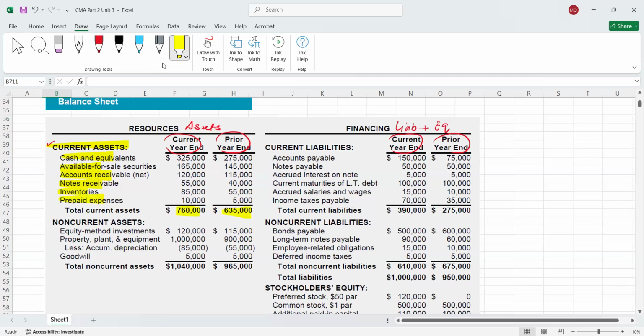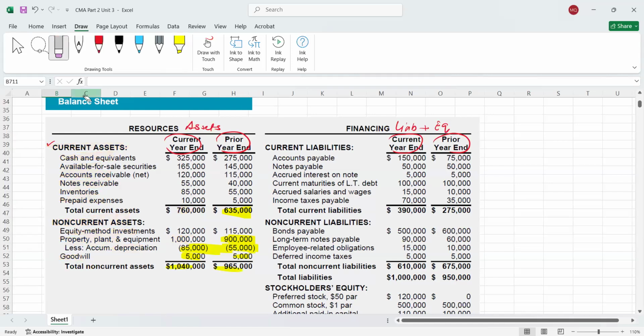Then we got some non-current assets, for example, equity method investments, long-term investments. We got property, plant, and equipment, and their depreciation also. This is the cost of PPE, and these are the depreciations. And then we got intangible assets like goodwill, etc. So we got the total non-current assets.